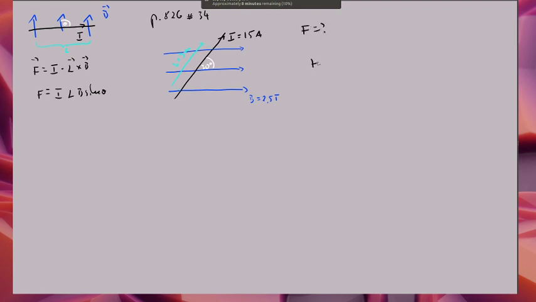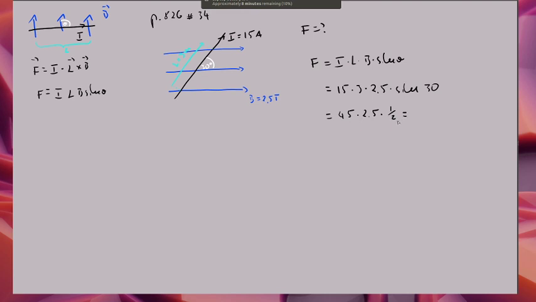Let's calculate the magnitude of this F, and so F equals I L B sine of the angle theta. Let's plug in the numbers. Current is 15, length is 3, magnetic field is 2.5 times the sine of 30. Sine of 30 is a half, so what you're looking at is 45 times 2.5 times a half, and then you can multiply this out and you get what you get.